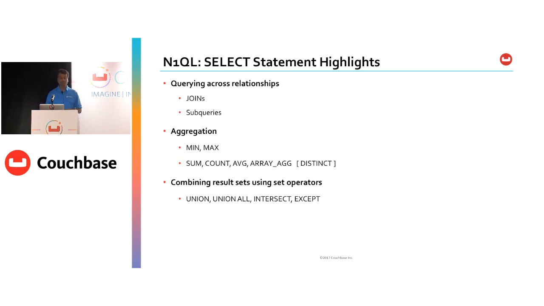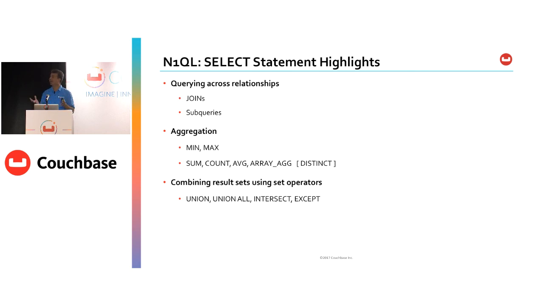You saw the examples of joins already. Subqueries are supported, non-correlated and correlated subqueries, as well as aggregation: min, max, count, average. And here is another extension. Because you can return arrays from a projection list, sometimes, in addition to simple scalar values and simple aggregation, sum, average, min, max, etc., if you have hobbies, for example, you may want to return a list of hobbies.